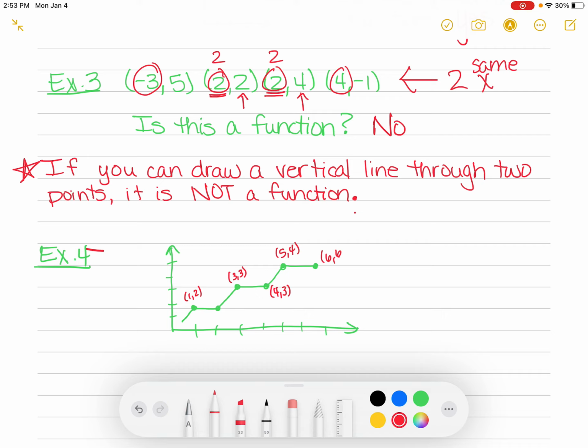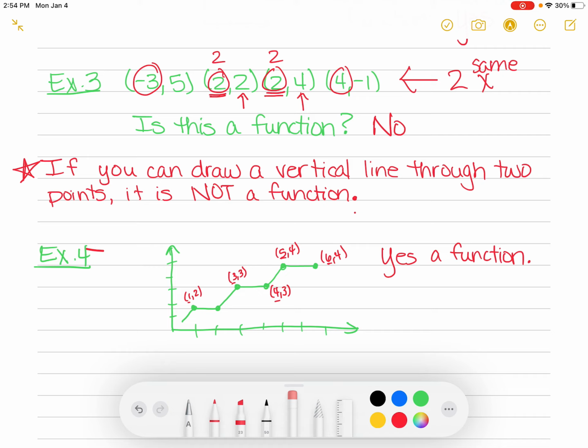And if I did that and I looked at all the different numbers, then I could see, okay, all my x's are different. My x's are 1, 3, 4, 5, 6. My y's, some of my y's are the same, but the x's are different. So that would mean this is a function. Or let me write it like, yes, a function, okay?